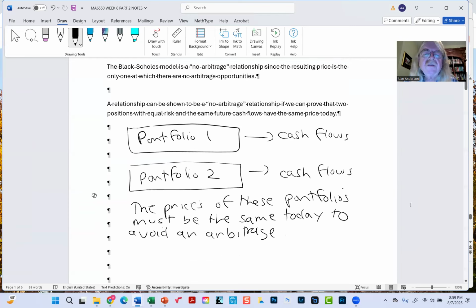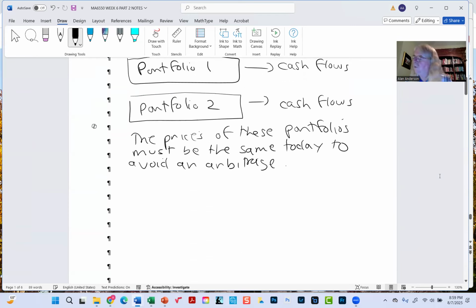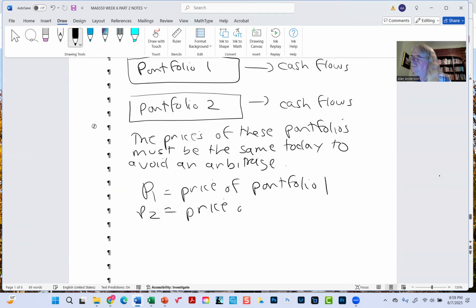All right, so in other words, let's just say that P1 is the price of portfolio one. And of course, that means P2 is the price of portfolio two. And if P1 is greater than P2, and now keep in mind what that means.